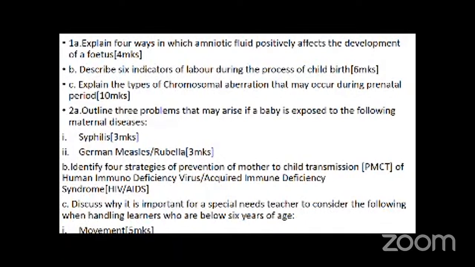So we have said that when there is a problem with the pairs of the chromosomes, where somebody, instead of having 46, ends up having 47, this we will also consider as a type of chromosomal aberration. So what are these types of chromosomal aberrations that may occur during prenatal period?